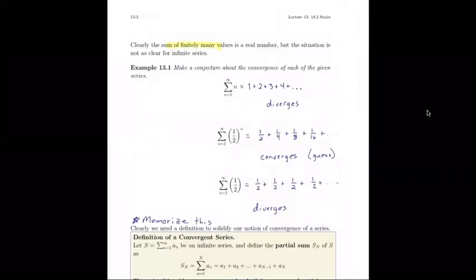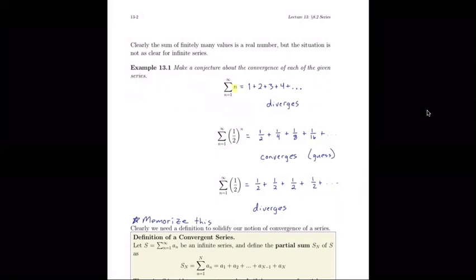Okay, but it's a little less clear for infinitely many numbers. If we add up infinitely many numbers, will we get some finite real number out of it? Surprisingly, yes, and actually, surprisingly, it's true in a lot of cases. And much of this chapter and the next coming sections are to learn about when these things converge and when they don't.